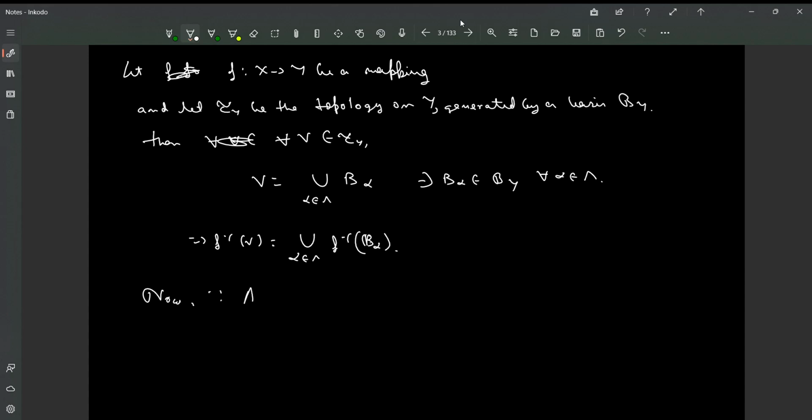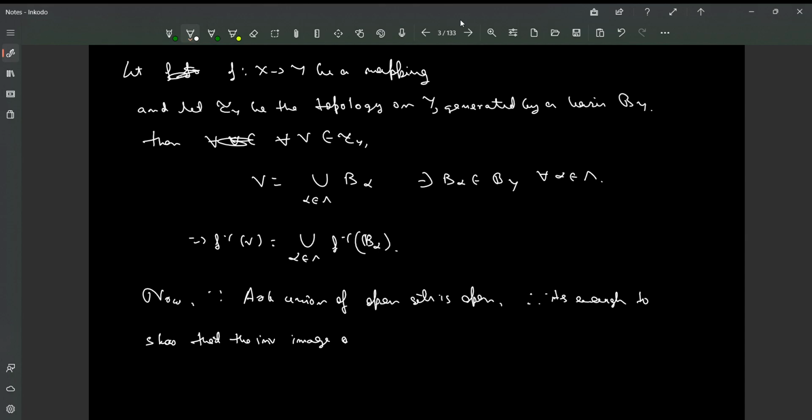Now, since an arbitrary union of open sets is open, it's enough to show that the inverse image of each basis element is open to claim the function is continuous, right?